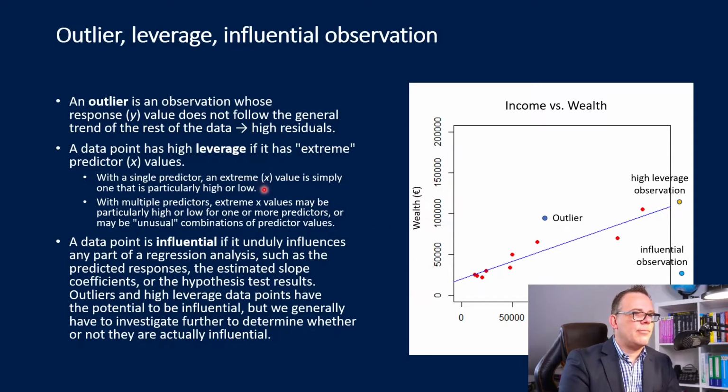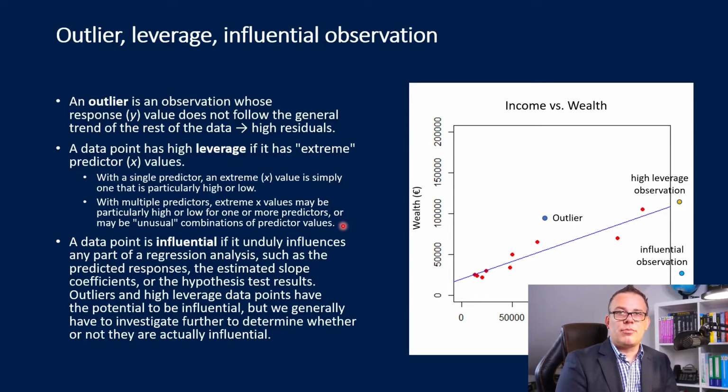So with a single predictor, an extreme x value is simply one that is particularly high or low. But if we have several independent variables, that becomes more complicated. So with multiple predictors, extreme x values may be particularly high or low for one or more predictors, or maybe unusual combinations of predictor values.